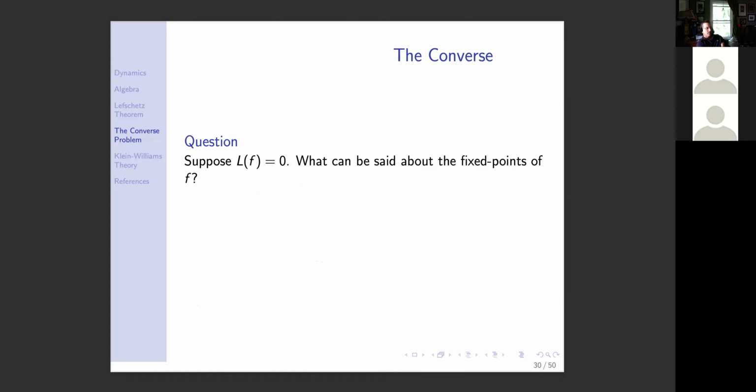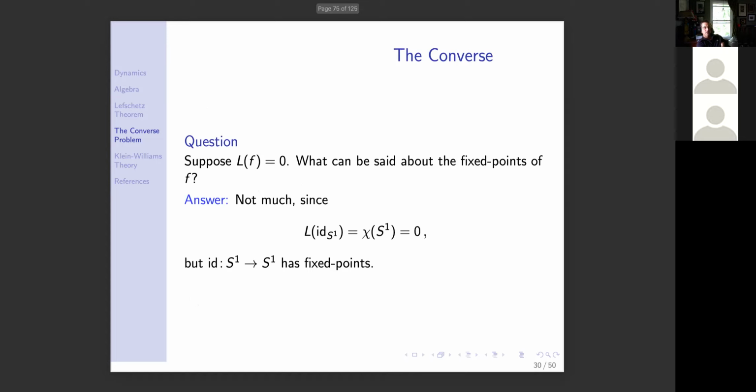The answer is not much, since the Euler characteristic of the circle is trivial, but the identity map of the circle has fixed points. So not much can be said about F if the Lefschetz number is zero. This is not a good question, as stated.